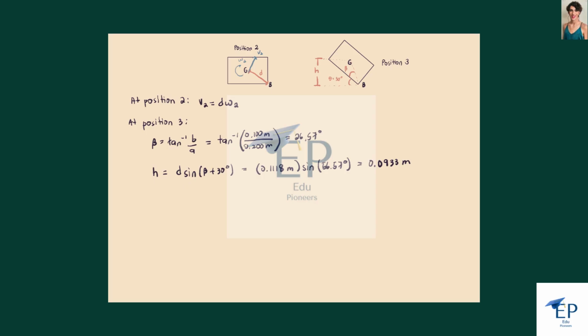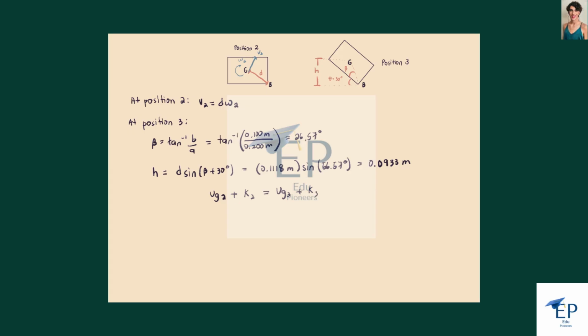Now, applying the principle of conservation of energy for position 2 and position 3, we'll have the equation: the potential energy at position 2 plus the kinetic energy at position 2 equals the potential energy at position 3 plus the kinetic energy at position 3.